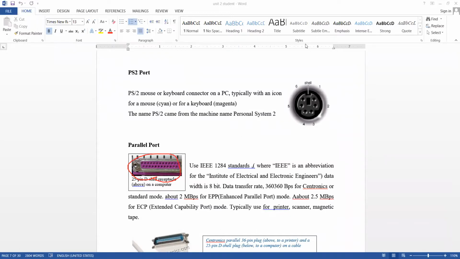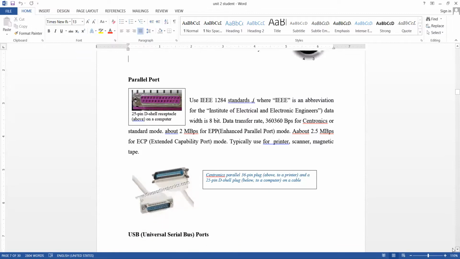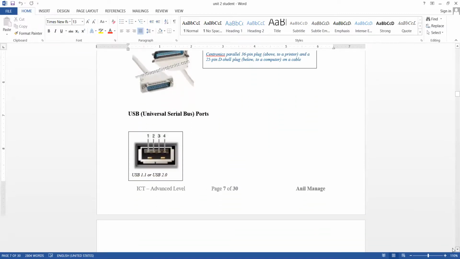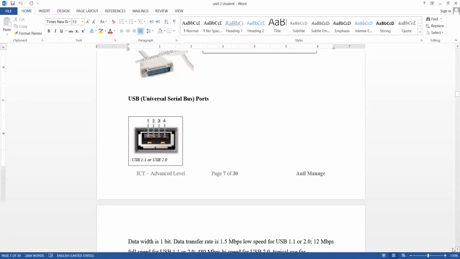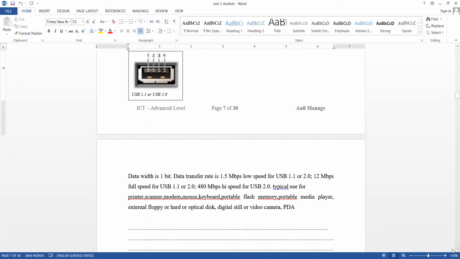We use this device to connect printers, and this port is called the parallel port. Nowadays you can't see it. Nowadays what you can see is this, the board you all know, USB. Your phone, everything can be charged through the universal serial bus, or USB port, right? Now this port, what's the difference?